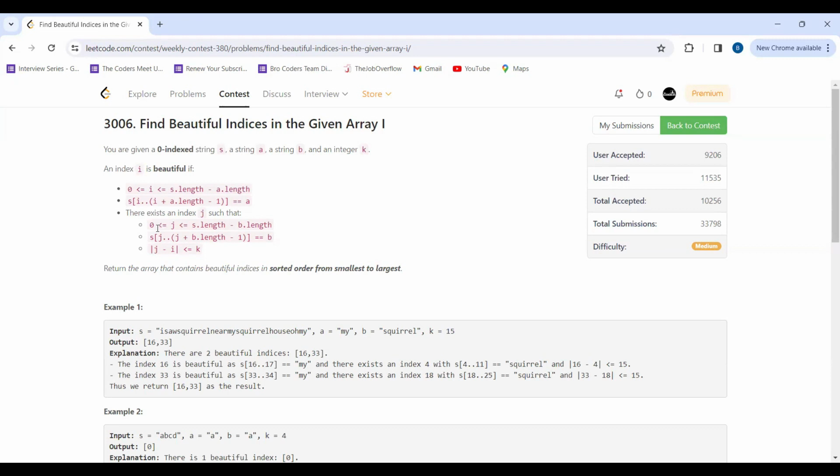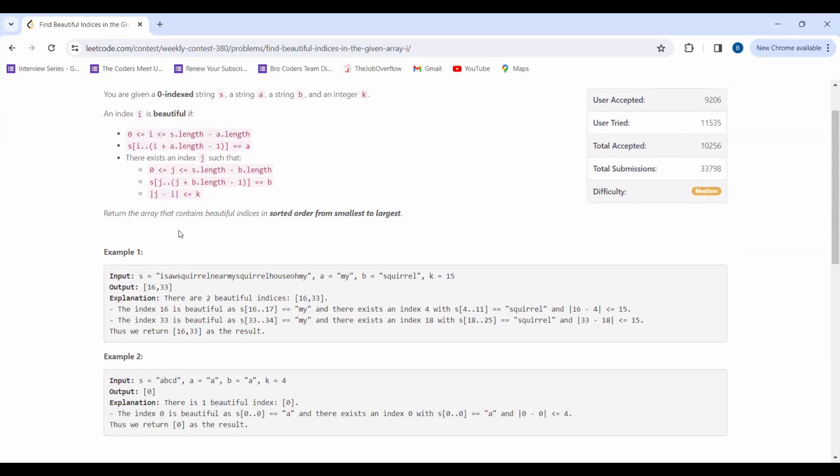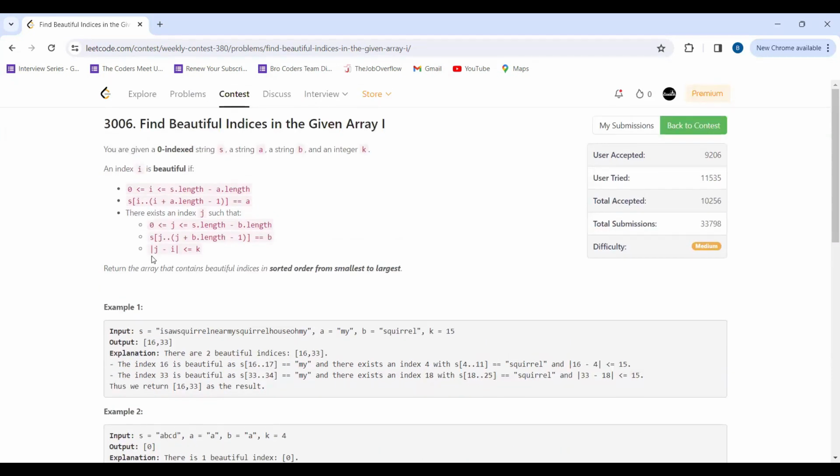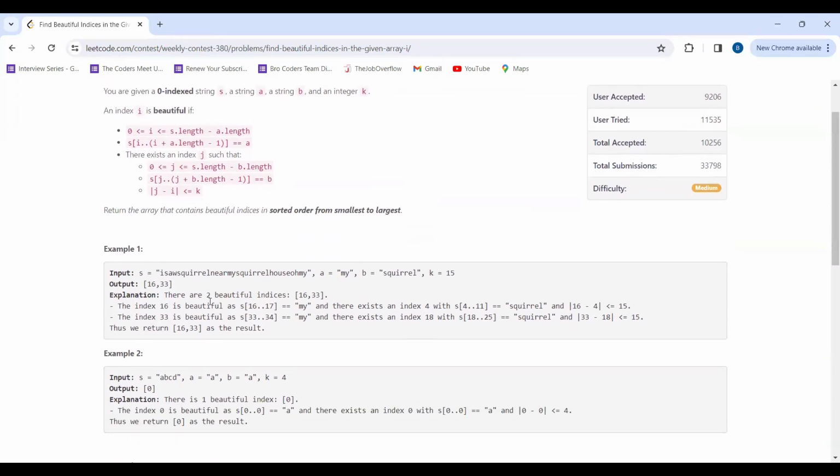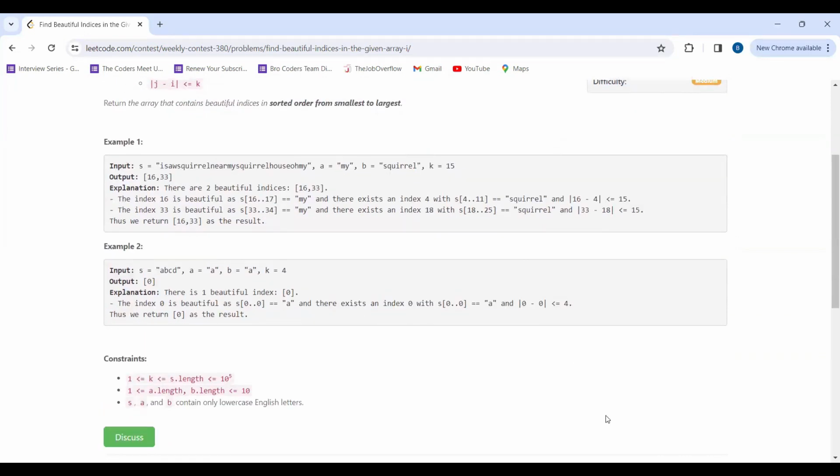Okay, so it's very hard to speak these in terms of indices and all values. So let's come directly to the problem and see. And this one constraint they have mentioned: the absolute value of j minus i should be less than or equal to K.